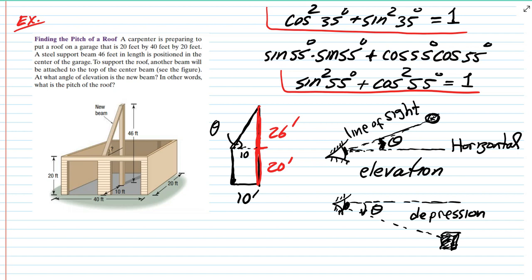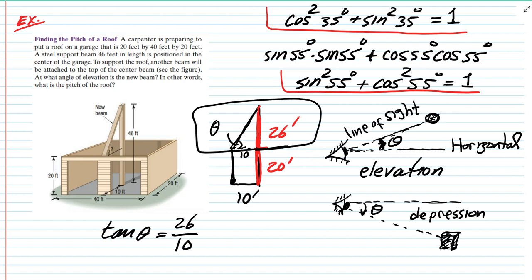From this we can form a simple trig ratio. I'm going to use tangent of theta, the ratio of opposite to adjacent, 26 to 10. Looking at this triangle, how do I find the measure of angle theta?